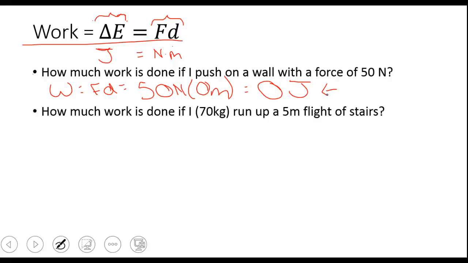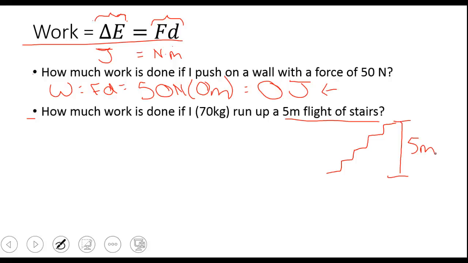Okay? And so let's go on to a situation where work is done. How much work is done if I, a 70 kilogram person, run up a 5 meter flight of stairs? And I'm going to clarify here that these stairs are 5 meters vertical, so like a flight of stairs. Not 5 meters this way, but 5 meters up and down. If I am 70 kilograms and I run up a 5 meter flight of stairs, the force that I apply is going to be my weight times gravity.